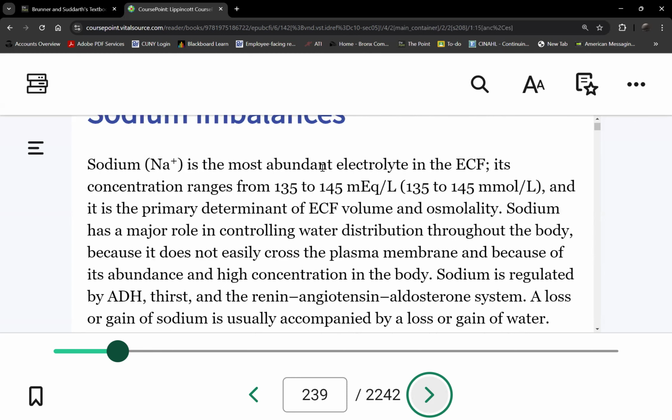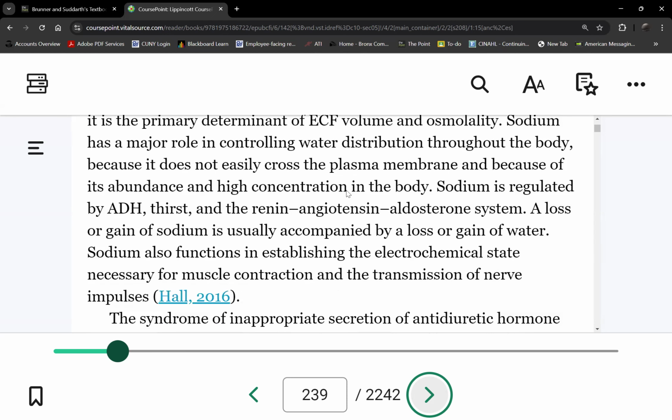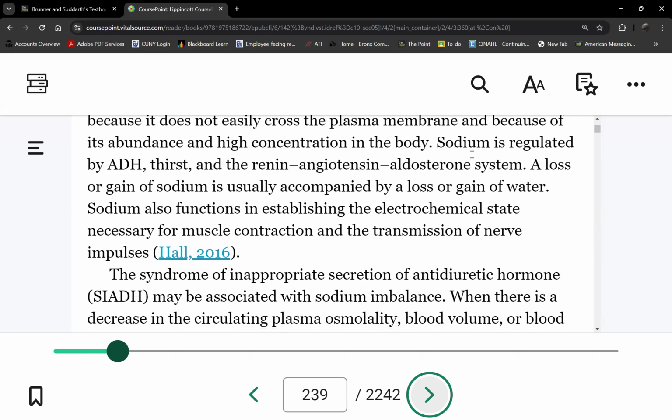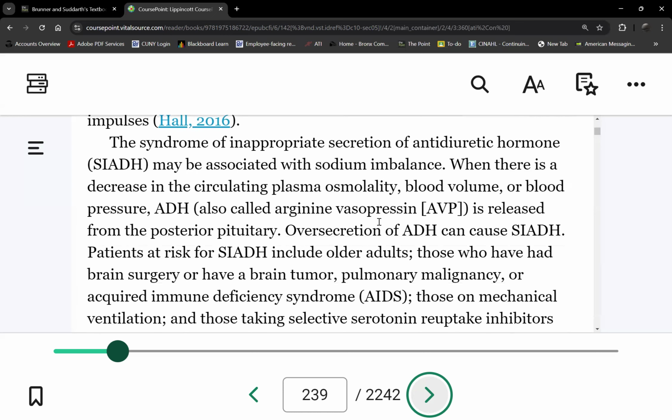They're both found inside and outside the cell, but they're more abundant outside the cell. So this is the major extracellular cation. And these are the body systems regulating sodium. So we mentioned the RAS system earlier. We'll talk about SIADH shortly before we end today.